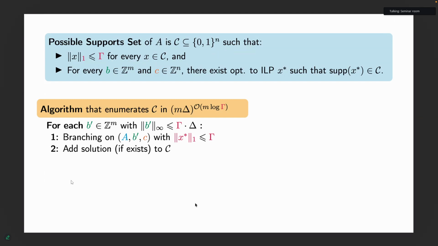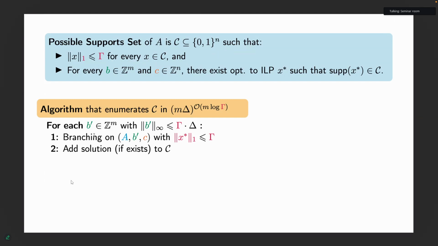And as I said before, I don't have any new ideas. That's the idea from the previous part. So I will just iterate over every possible right-hand side that has a small infinity norm. And I will use this branching procedure for every one of these possible right-hand sides. And this branching procedure actually didn't use anything about C. So that's where C is hidden.